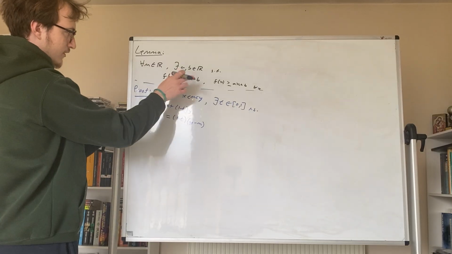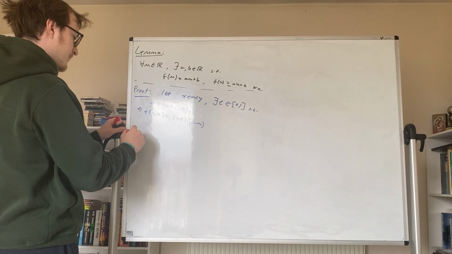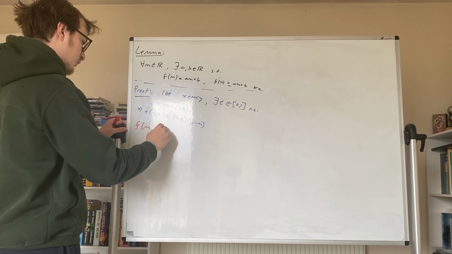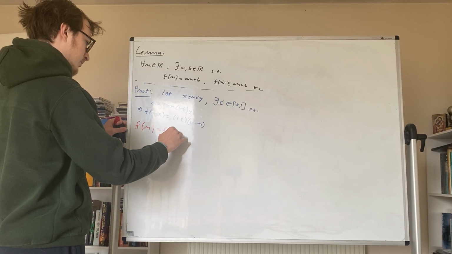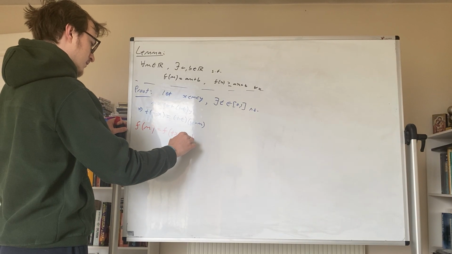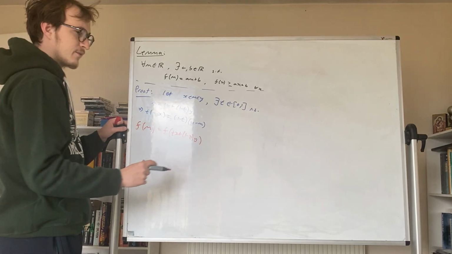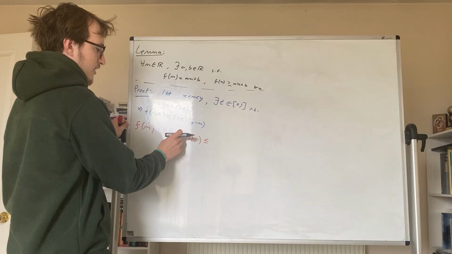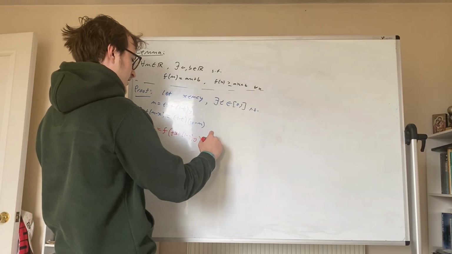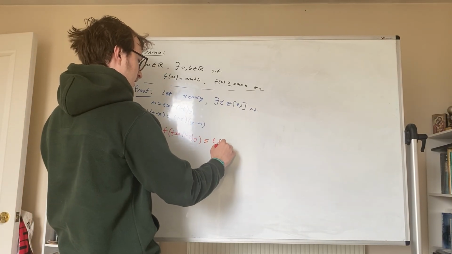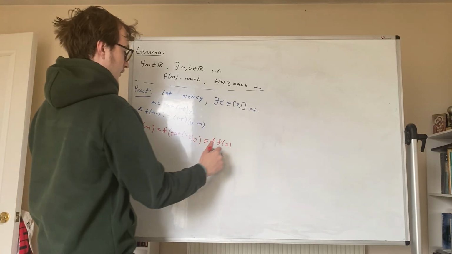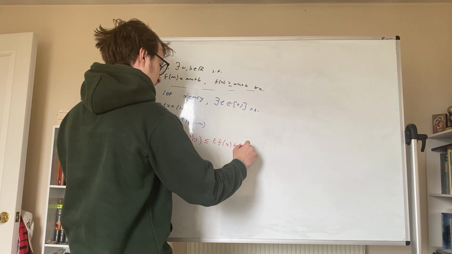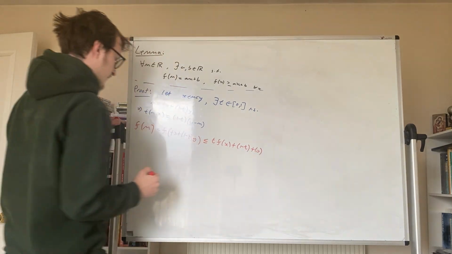By the fact that our function f is convex, we have that f of m, which is equal to f of tx plus 1 minus t times y, must always be below the line joining f of x and f of y. So it must be less than or equal to t f of x plus 1 minus t f of y.